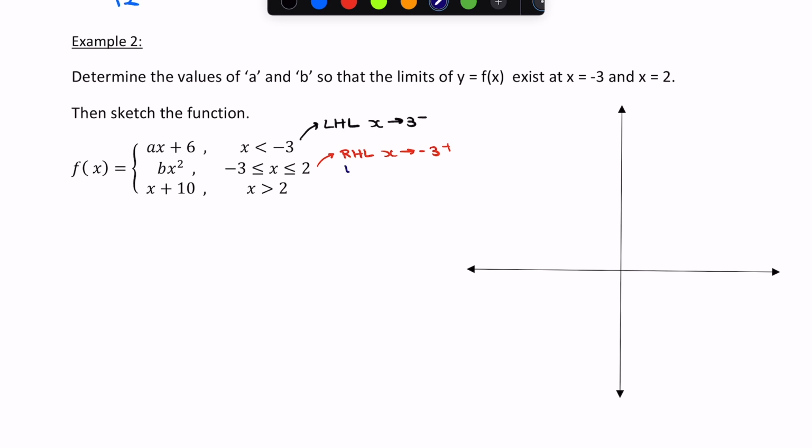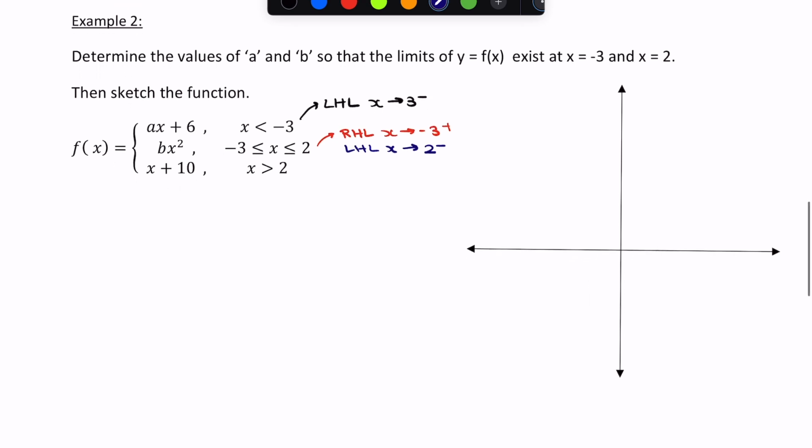We have another left-hand limit as x approaches 2 from the left. And the last one here as well, we have a right-hand limit as x approaches 2 from the right.